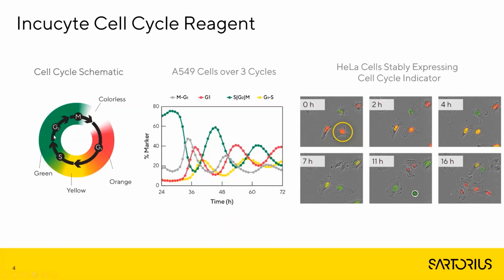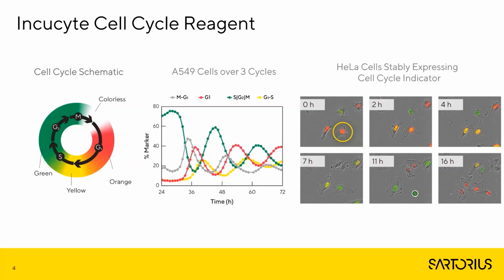We have qualified this reagent on A549 cells first by exposing them to a thymidine block, washing that block out, and then following those cells over the course of a 72-hour period, in which the cells went through 3 cell cycles. And so you can very clearly see the cells cycling through each phase of the cell cycle over the course of that 72-hour period.